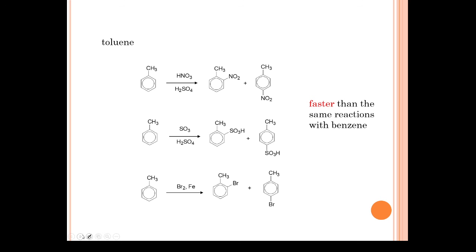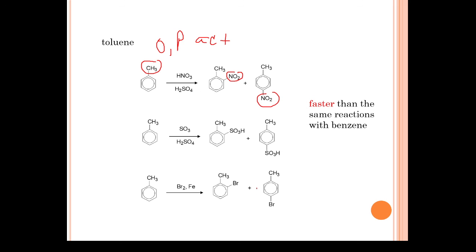So here's a reaction of toluene. We already have a substituent on. What I'll tell you is CH3 is an ortho, para director, and it's an activator. So it's going to react faster than benzene, and it's going to send the substituent to the ortho, para positions. So I'm going to get two products out, here and here. Same thing here, same thing here.